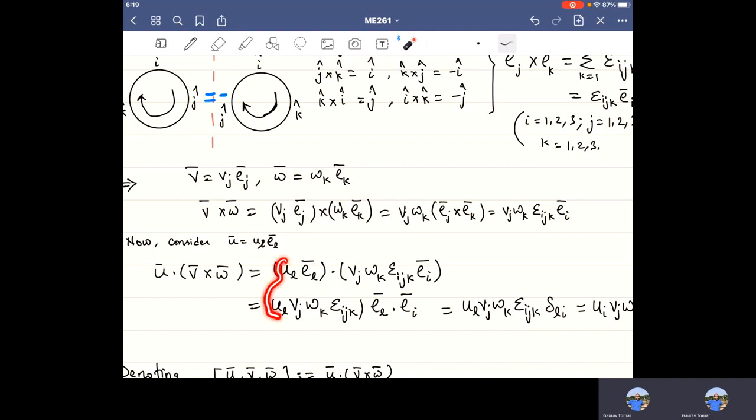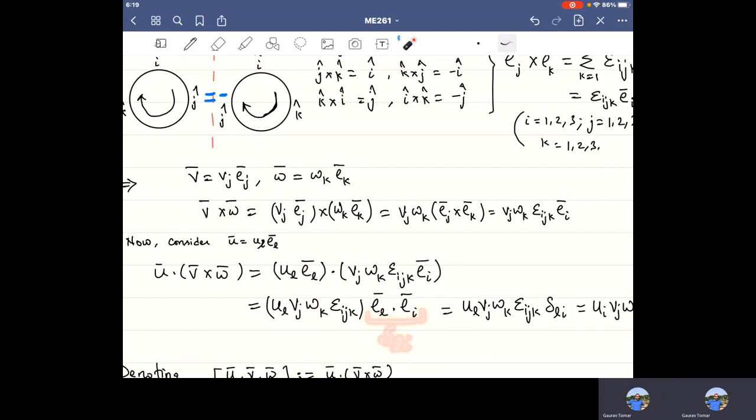So we pull out ul, vj, wk, and epsilon ijk is also a scalar quantity. It's not a vector, it's a number. Depending upon the values of i, j, and k, it will take a value. So we just take out that value also. And what we get is el dot ei. Now el dot ei is essentially, because these are basis vectors of an orthogonal basis, delta li. So we get delta li here.